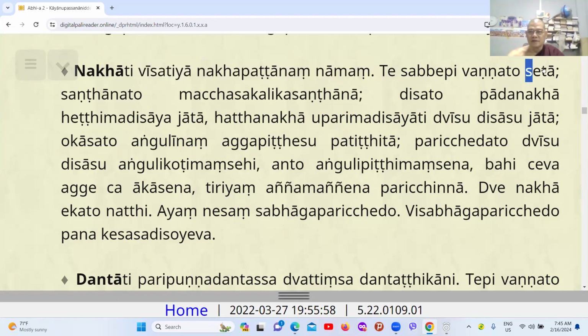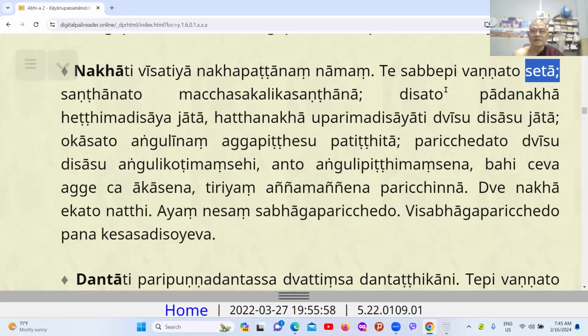Some babies have nails with a white color, but that is not really white. We know very well the color of the nail, so we have to clarify by ourselves here.